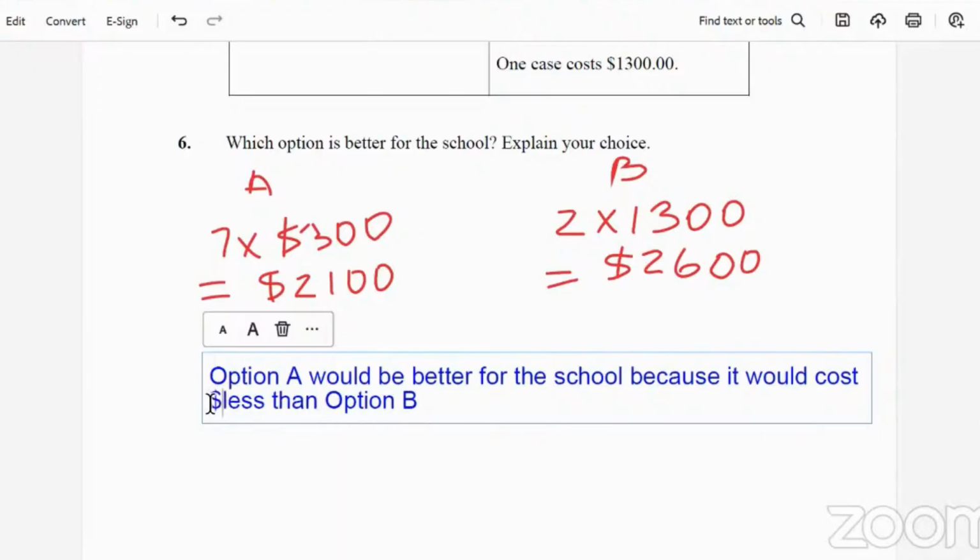It will cost $2,100, which is less than option B, which costs $2,600.